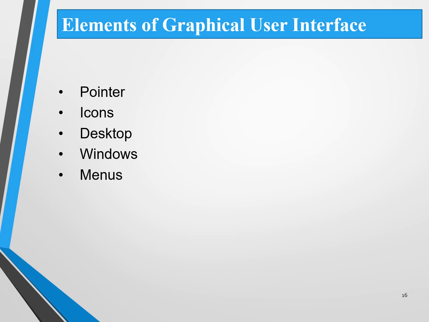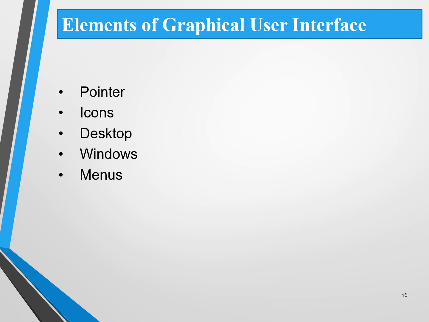Usually, the pointer appears as a small angled arrow. Icons: icons can be a small picture that represents commands, files, or windows. Desktop: a desktop is the area on the display screen where icons are grouped. It is often referred to as desktop because the icons are intended to represent real objects on a real desktop.